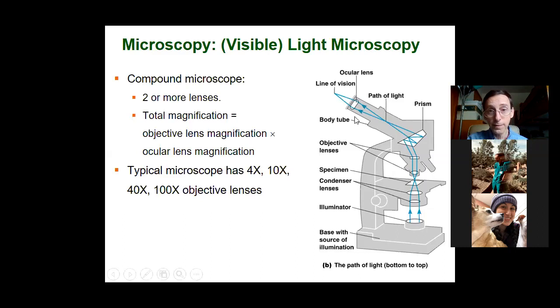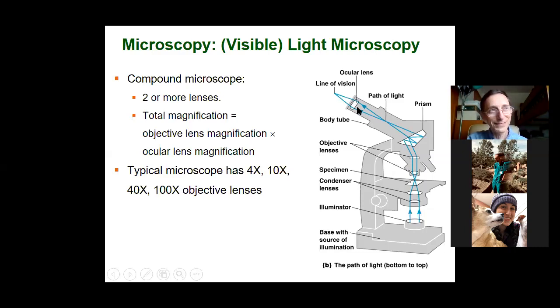And here's one of the lenses that magnify, the ocular lens. The other lens that magnifies is the objective lens in a compound microscope. The total magnification of a specimen that is observed will be the magnification of the objective lens, which can change, and the ocular lens.